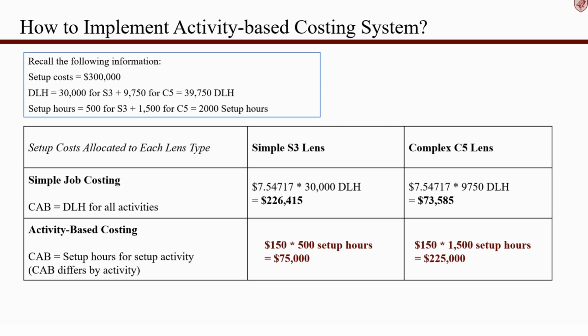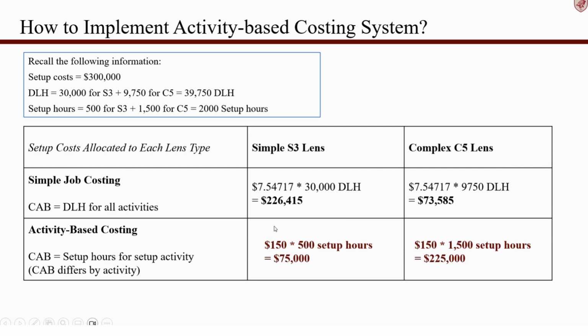So let's say if the activity-based costing allows these two types of lenses to be accurately costed, then under the simple job costing, which type of lens is overcosted versus undercosted? If the ABC cost is assumed to be accurate, then the simple S3 lens is being overcosted when we apply simple job costing, and the complex lens is being undercosted when we apply simple job costing, right?